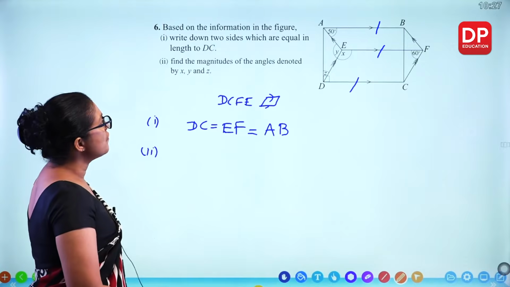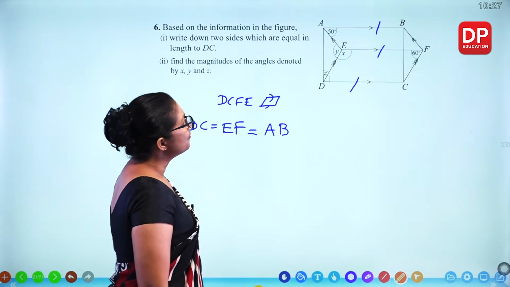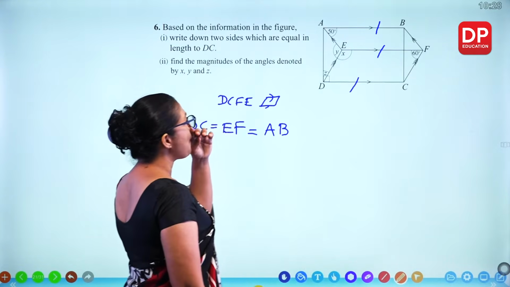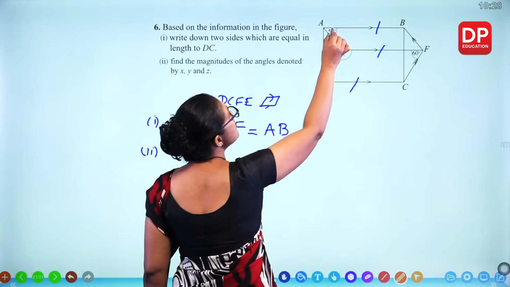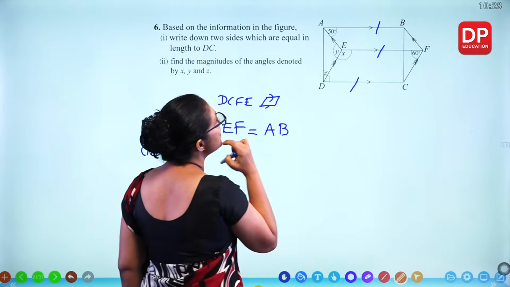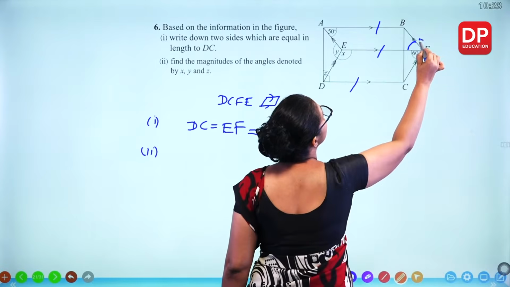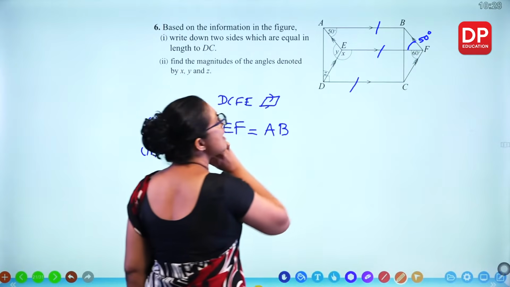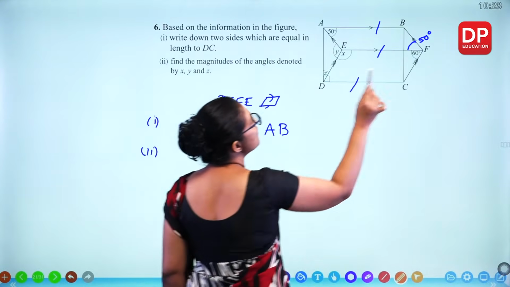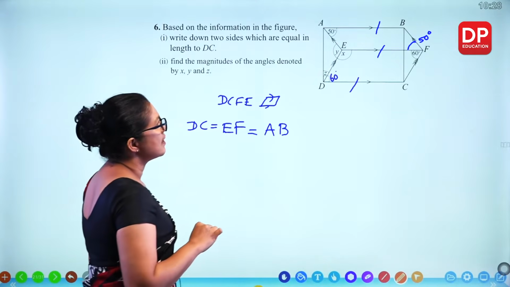Second part, find the magnitude of the angles denoted by XYZ. We'll take X first. What can you say? If this is 50, I can write this one as 50. Opposite angles are equal. And also, if this is 60, this is 60.